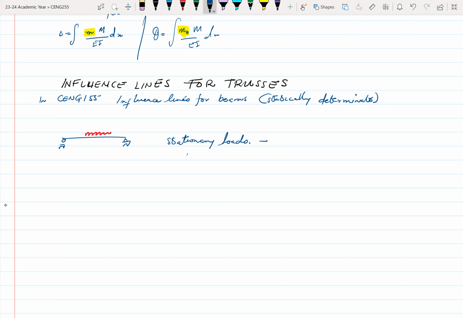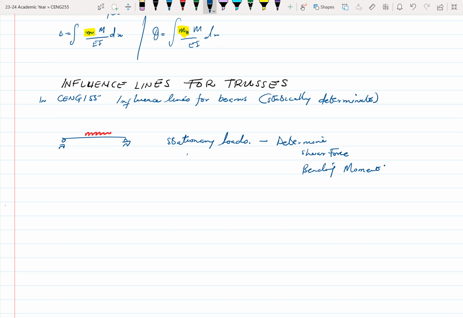the shear force on the entire structure, and then the bending moment for the entire structure.